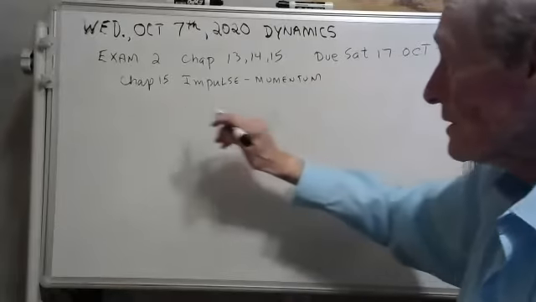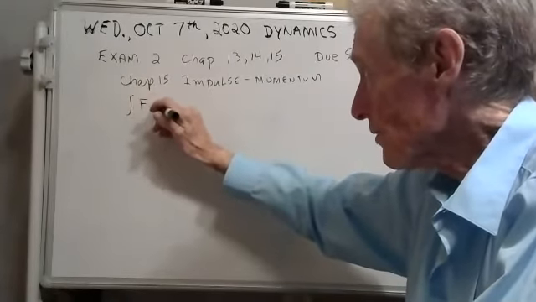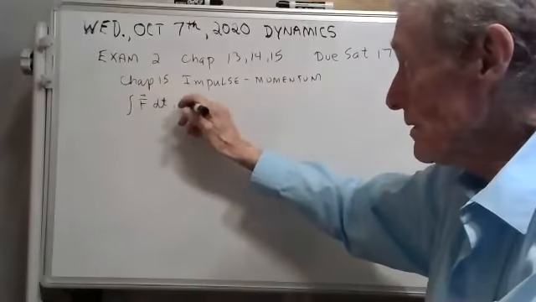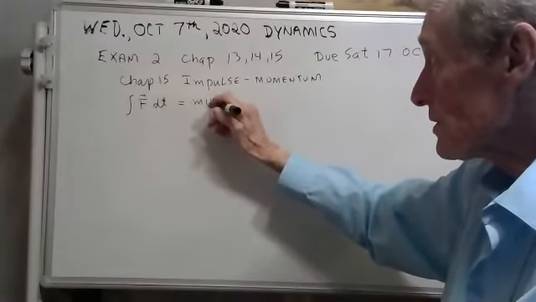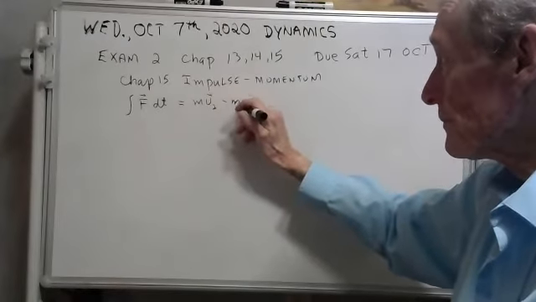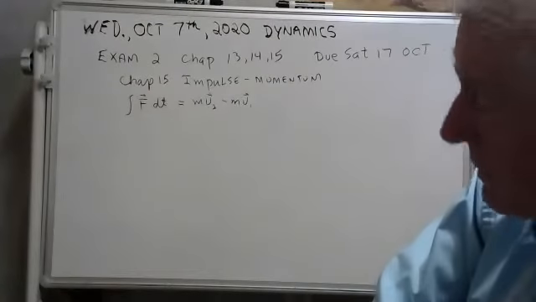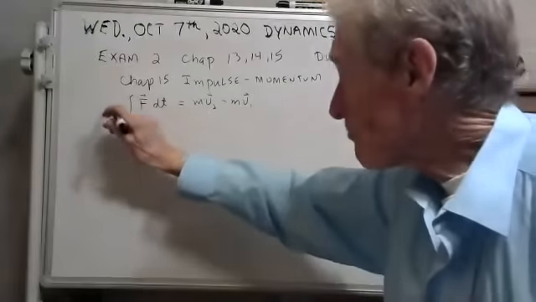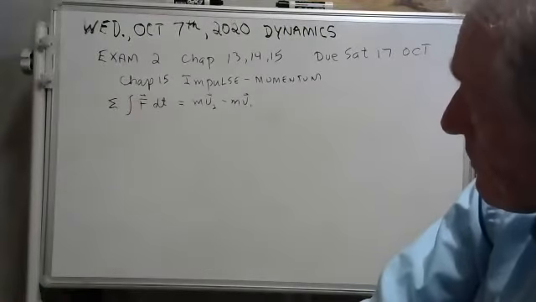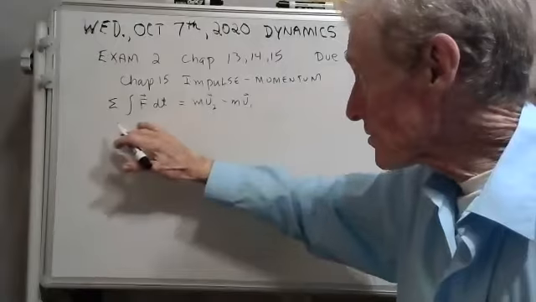Now the equation, here's how the equation goes, and I want to show you where it comes from, okay? We're going to show you where this equation comes from. That's it. You're looking at the impulse momentum equation. Now this term right here is called impulse.